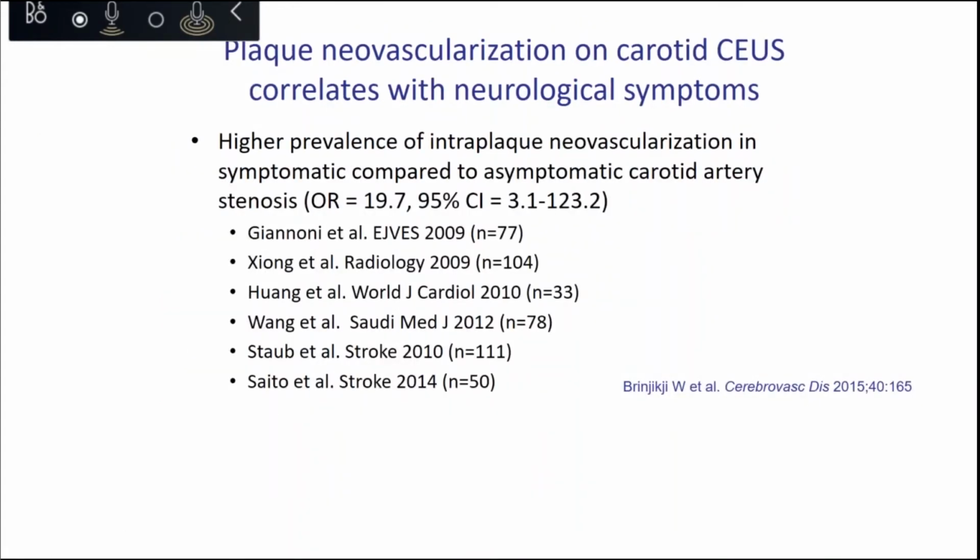So different studies have also looked at the prevalence of intraplaque neovascularization and compared this with the neurological symptoms of the patients.